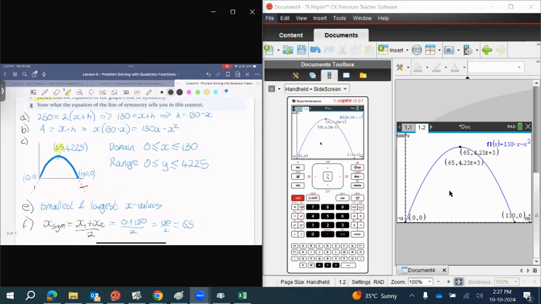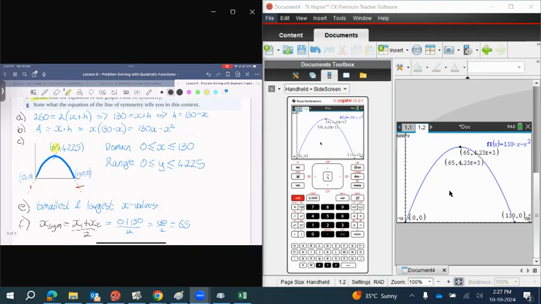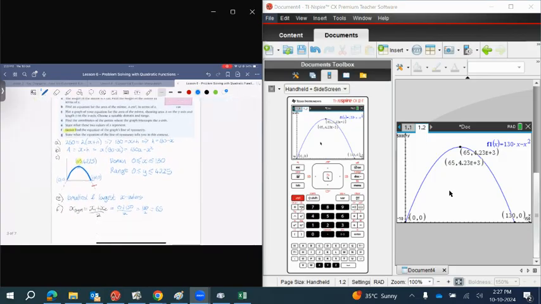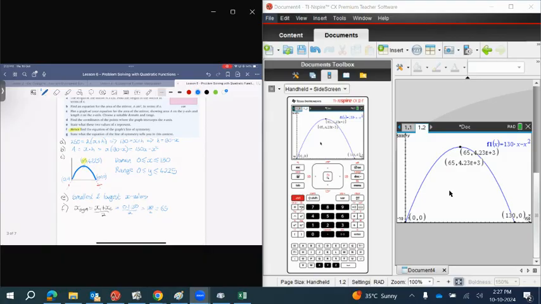What does the equation of the line of symmetry tell us in this context? Vertex isn't in the context. What is the context of the question?